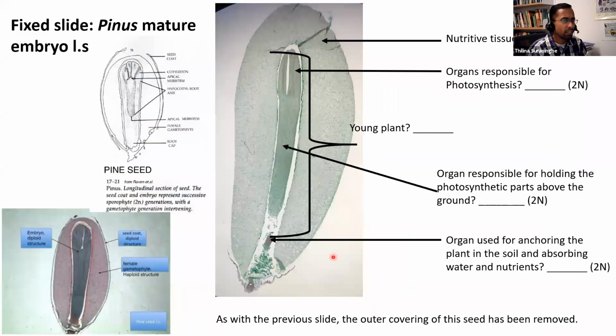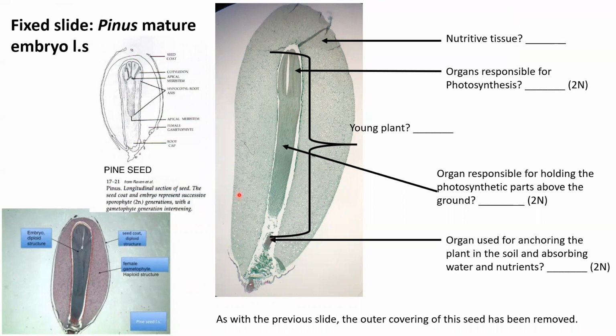Now let's label this with me again. A little help over here: on this side, the image will help you figure out what these things are. What should this nutritive tissue that I'm pointing at be?